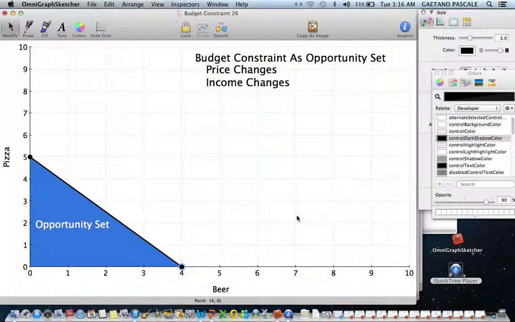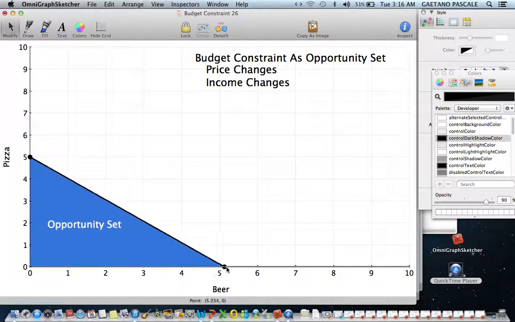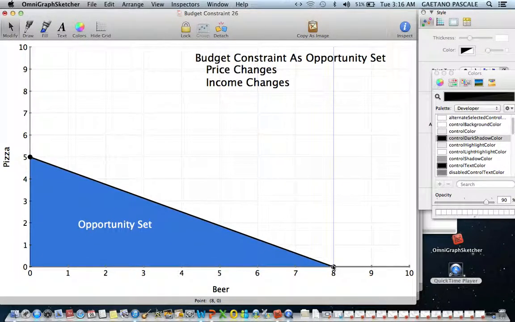So let's just review that. Here's our original opportunity set. Remember that the opportunity set is the area to the left, the triangle that's created by the budget constraint. That is your opportunity set. If I lower the price of beer, let's say I lower it by half so I can purchase 8, we can see that the opportunity set increases.